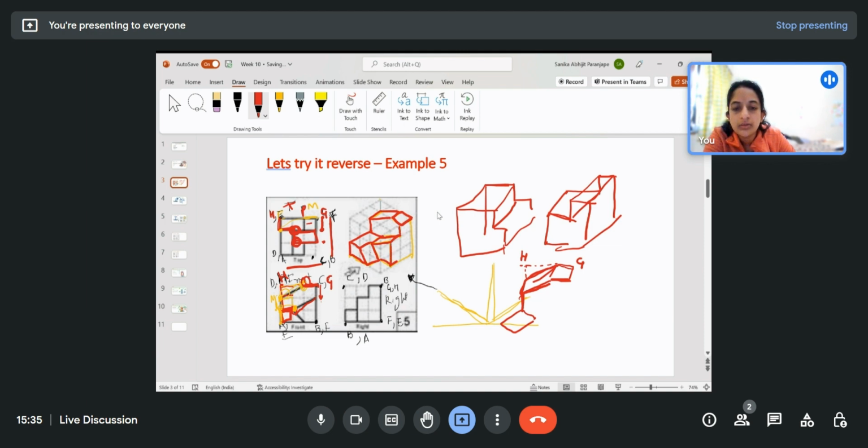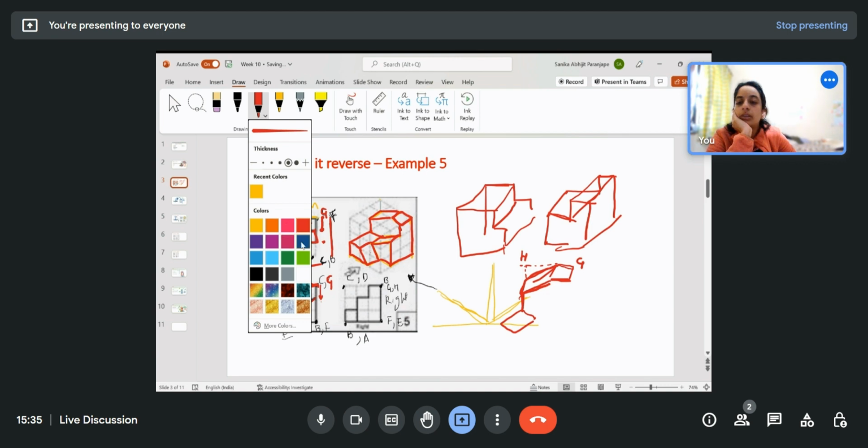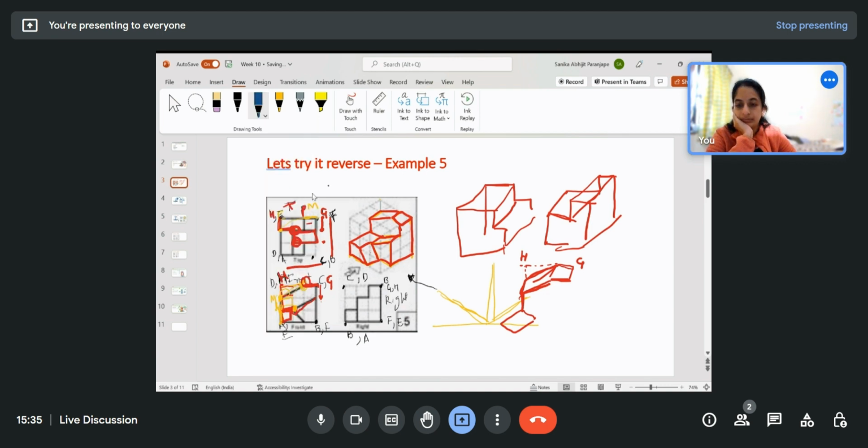So this is how the block is actually in the isometric view. Now let us just check, so right now we drew this figure just by referring to the top view and the front view, because all the slopes that are there were visible in the front view.